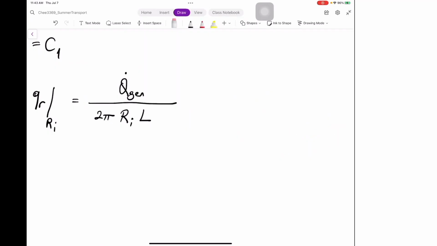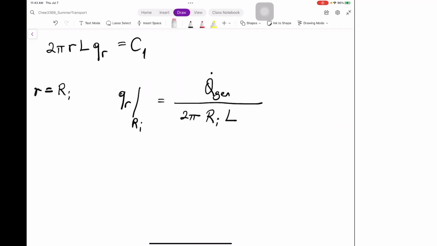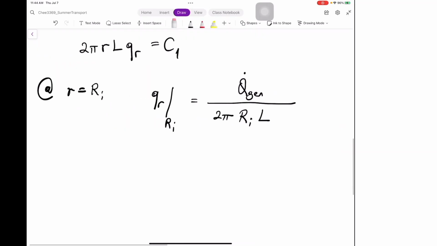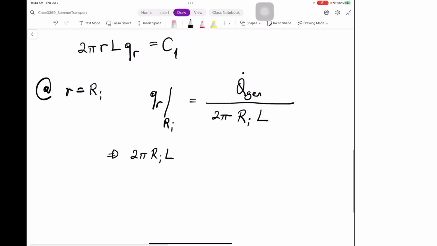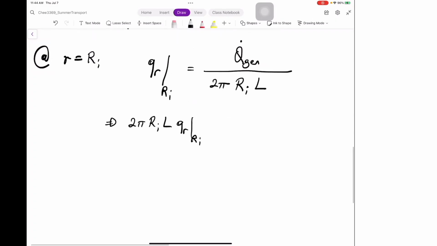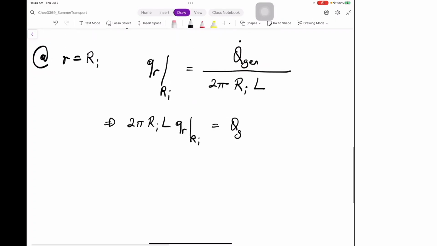So that explains the boundary condition. And you can also write it as 2 pi R_i L q_r at R_i is equal to Q generation.